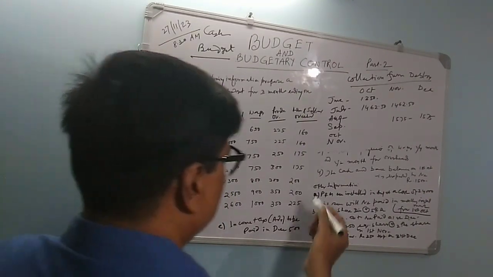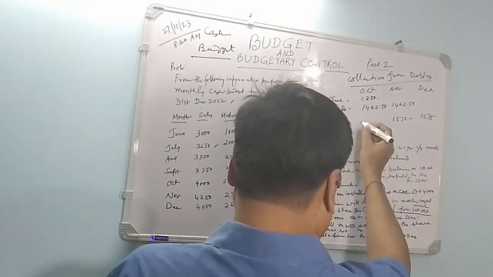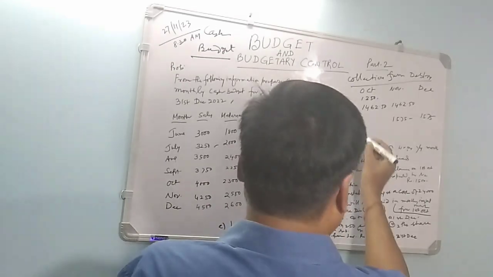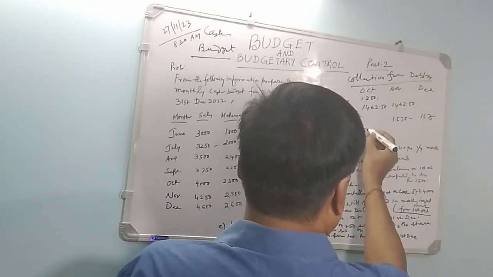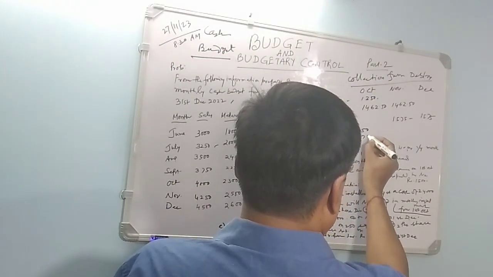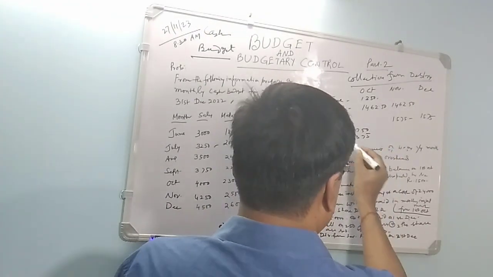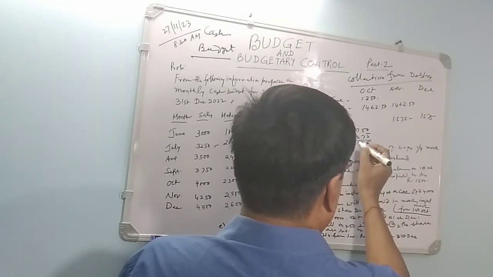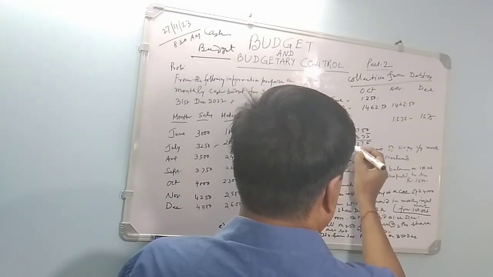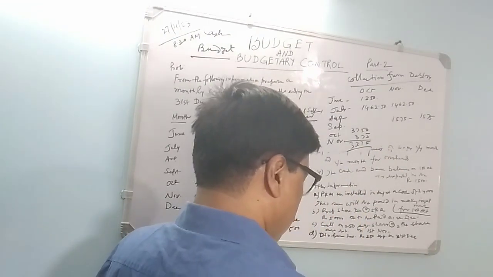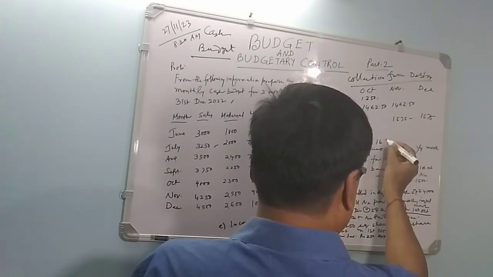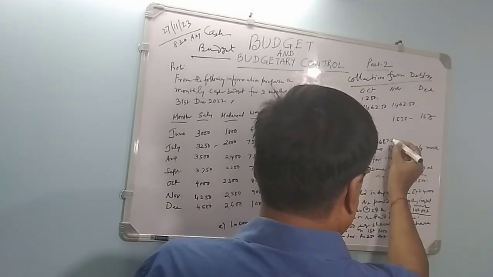The total payment is 3750, minus 375, the balance is 3375. 50% of 3375 is 1687.50.